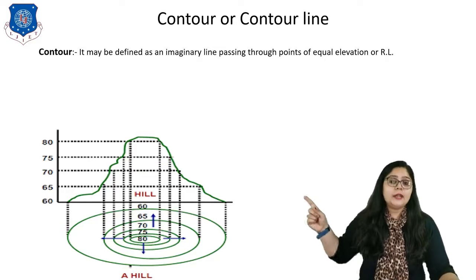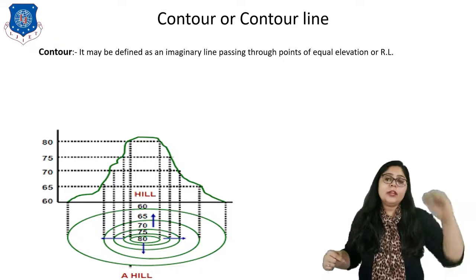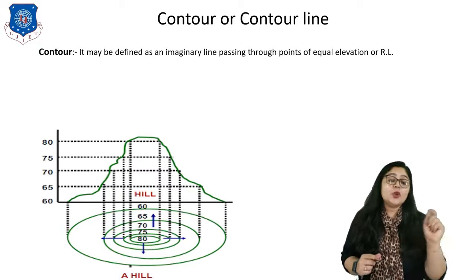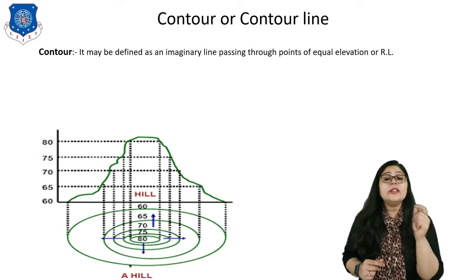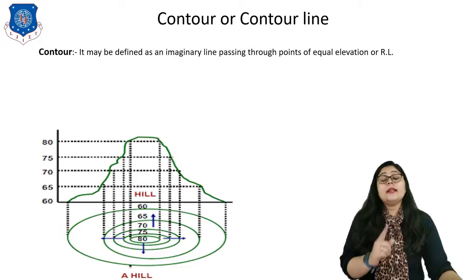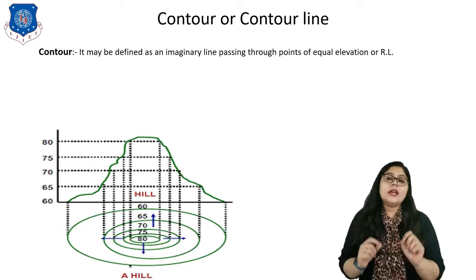Here it is 80. Then it falls to 75, 70, 65 and 60 when you come to the foot of the hill. Now, when I join the points having the same elevation, as clearly shown over here, that line is known as the contour line, and that overall map is known as the contour map.